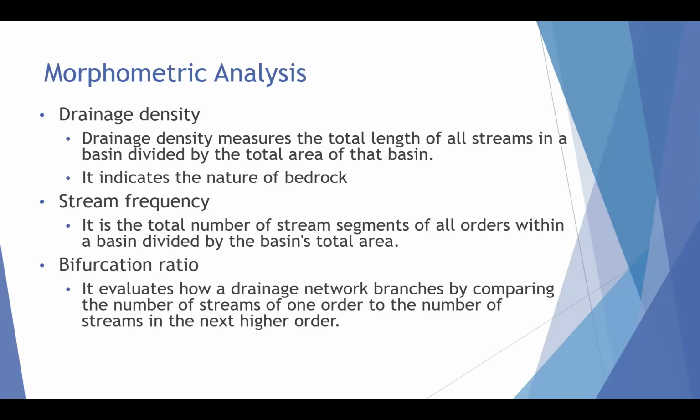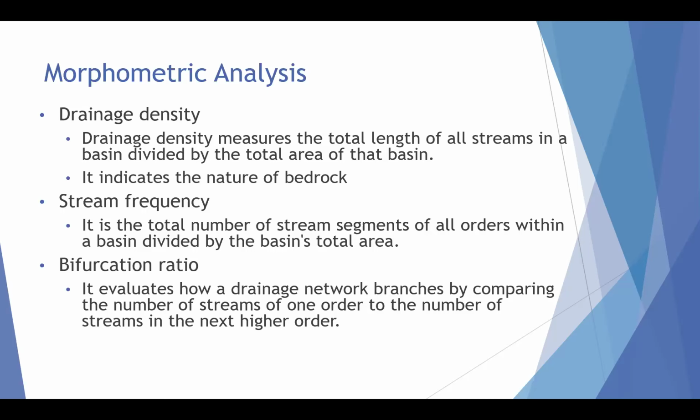Again, the stream frequency is one more indicator that will tell you how much infiltration is occurring in the region. It is the total number of stream segments of all orders within a basin divided by the basin's total area. Some very large basins may have only fourth order streams, but sometimes smaller basins will end up with sixth order streams.